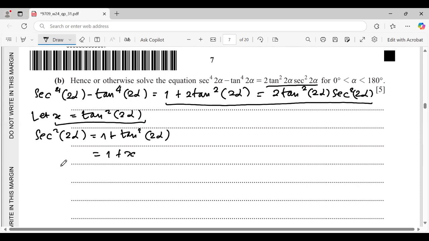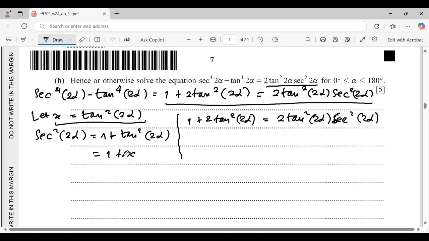So 1 plus 2 tangent squared 2 alpha equals 2 tangent 2 alpha secant squared 2 alpha.